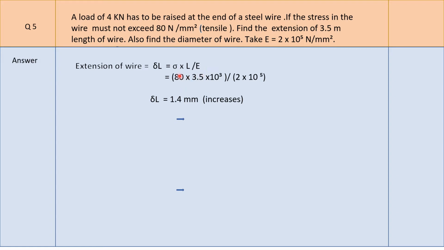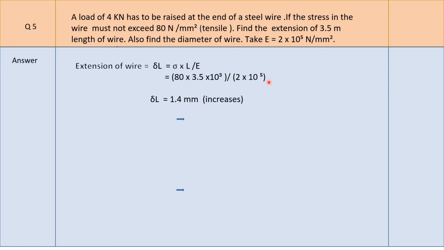Now substitute the values. Sigma given is 80. So here 80 into, now the length is 3.5 meter. Convert it into mm, so it will be 3.5 into 10 raised to 3. Put the bracket in the numerator, then divided by E, 2 into 10 raised to 5. Put the bracket for the denominator also.